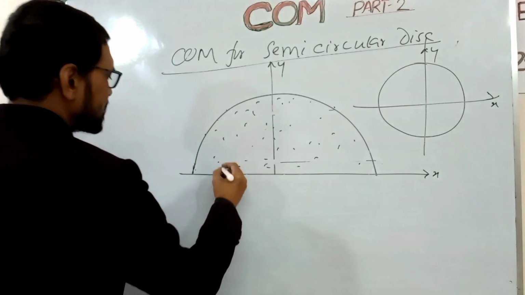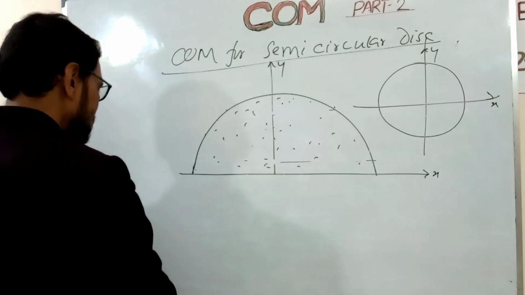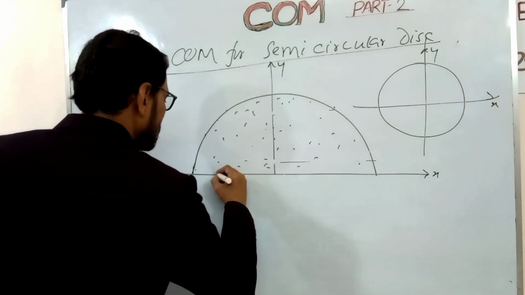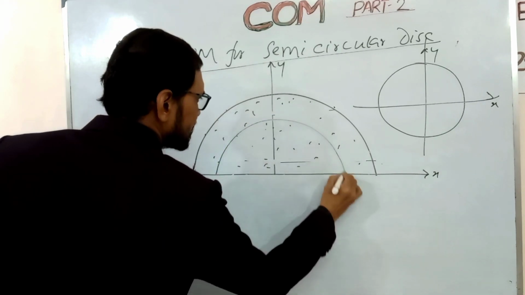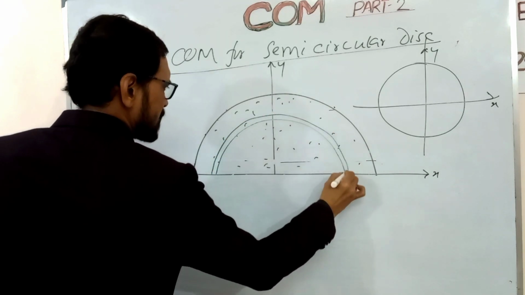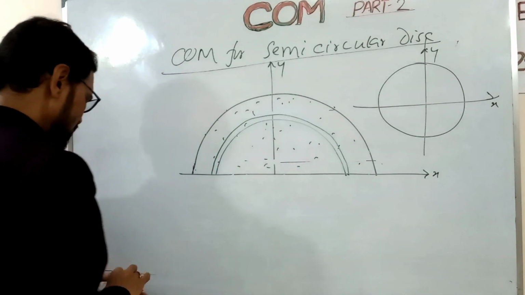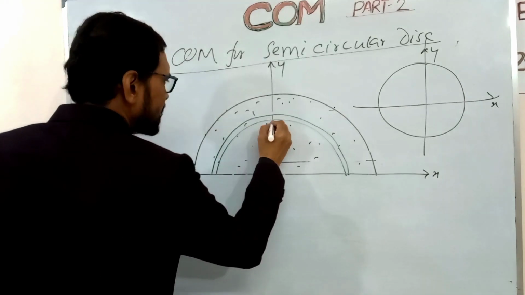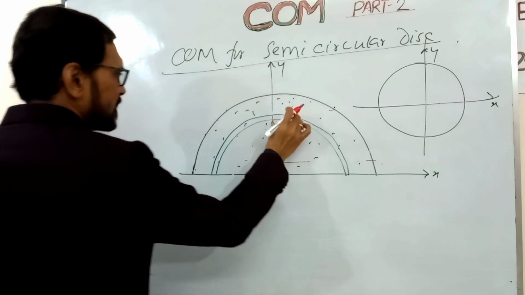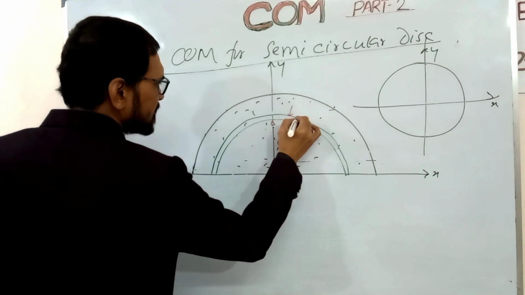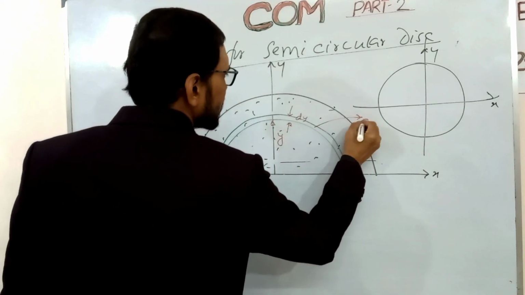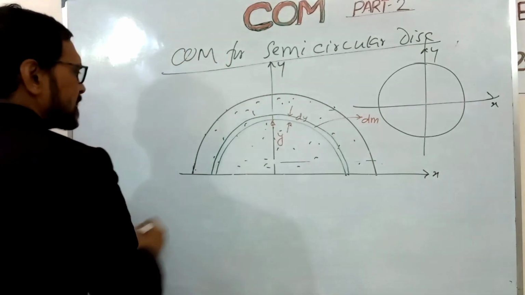First we consider an elementary ring which is at a distance y. Suppose this distance is y, and the thickness of the elementary ring is dy. Now dm is the mass of the elementary ring.